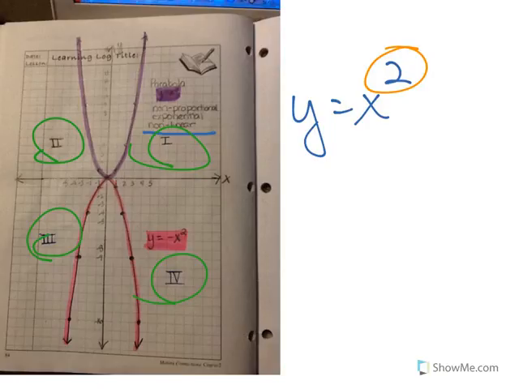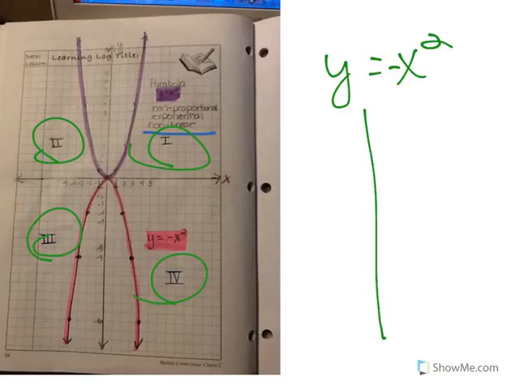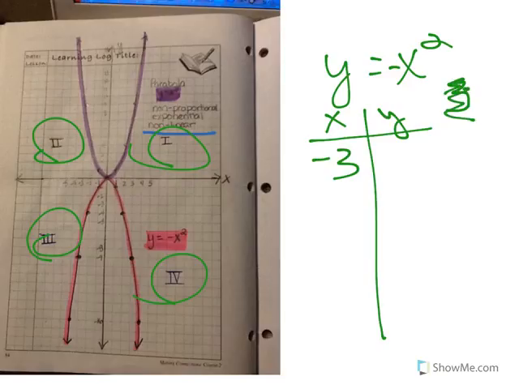I take that back. We have one more graph here to do. So we have the bottom graph, y equals negative x squared. What happens when we do this one is that if we have negative 3 and we input it, it results in positive 9, but this negative on the outside makes it negative 9.